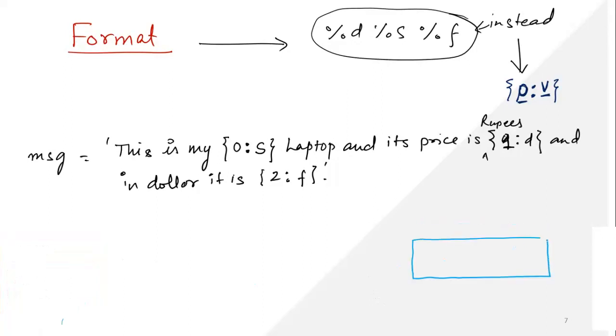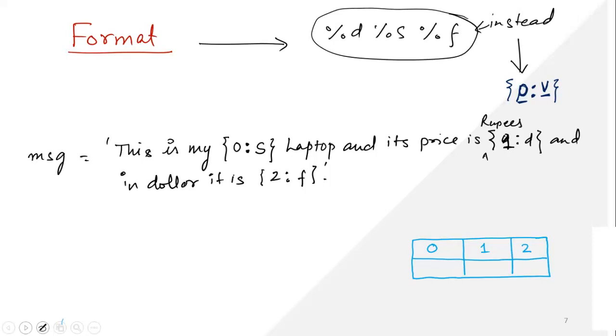So what it is going to do is make a structure like this, and hold the value at position 0, at position 1, and at position 2. We specify what is stored at position 0.